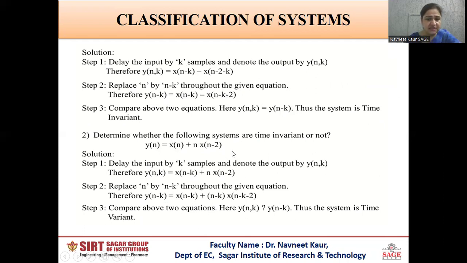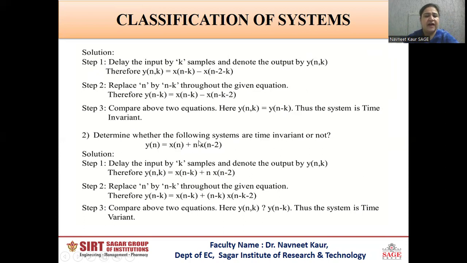Now I'll consider another example. Here the system equation is y(n) = x(n) plus n x(n minus 2). Now, if I delay the input by k samples, I'll get input as x(n minus k). So I'll give it to the system. I'll get x(n minus k) plus n x(n minus k minus 2).